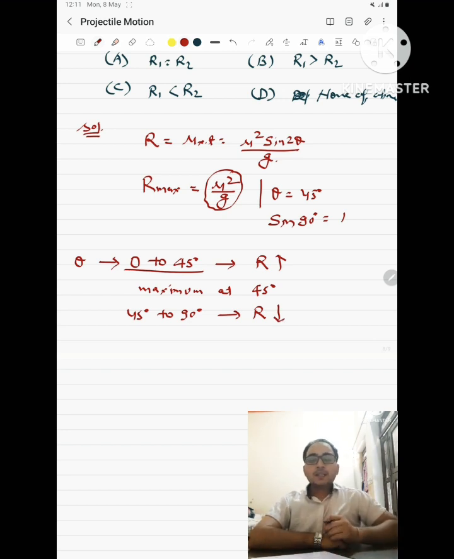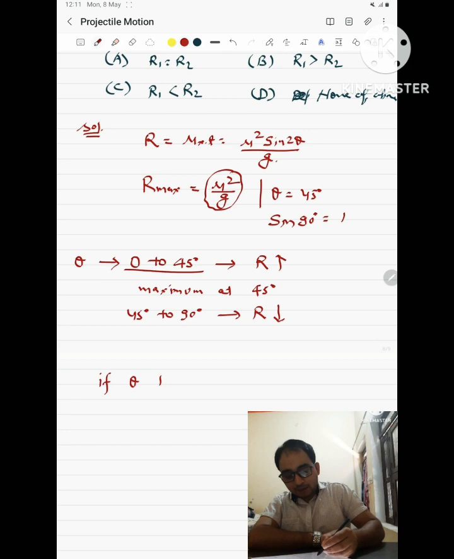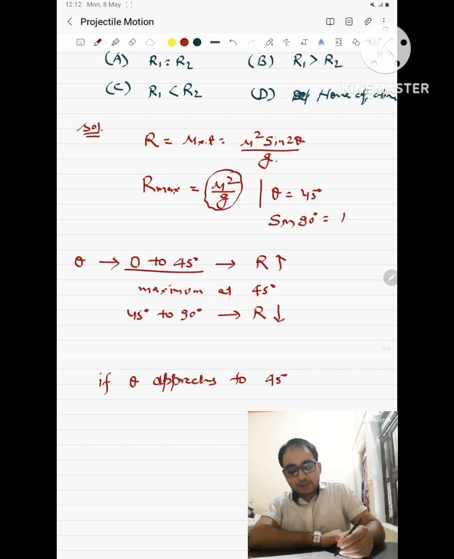So it depends how close the angle is approaching the 45 degree. If theta approaches 45 degree, the range will be maximum.